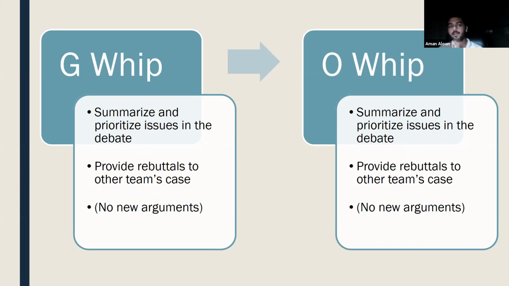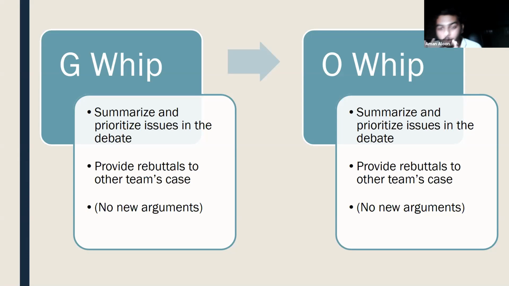Third, the government whip and the opposition whip. The government whip comes essentially and summarizes what's happening. Just imagine the scenario. For example, Mudit sir is the government team and he is the whip, and he is nearly the fifth speaker to go.